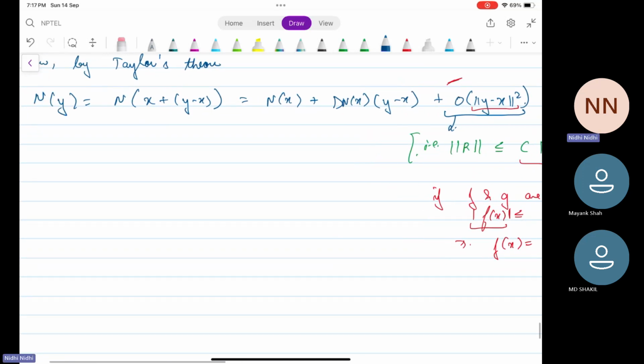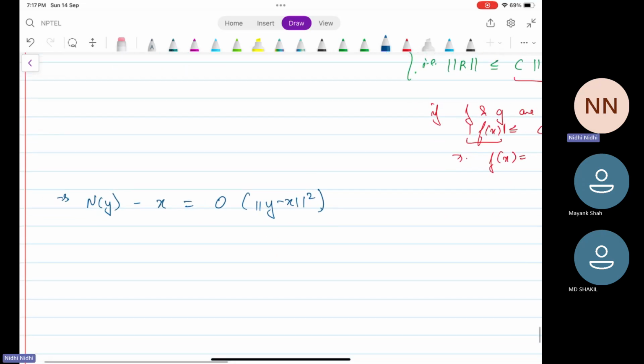So from here, since DN(x) is 0, this gives us N(y) minus N(x), which is N(y) minus x, equal to big O of norm y minus x squared. Now this means that norm of N(y) minus x is less than or equal to.